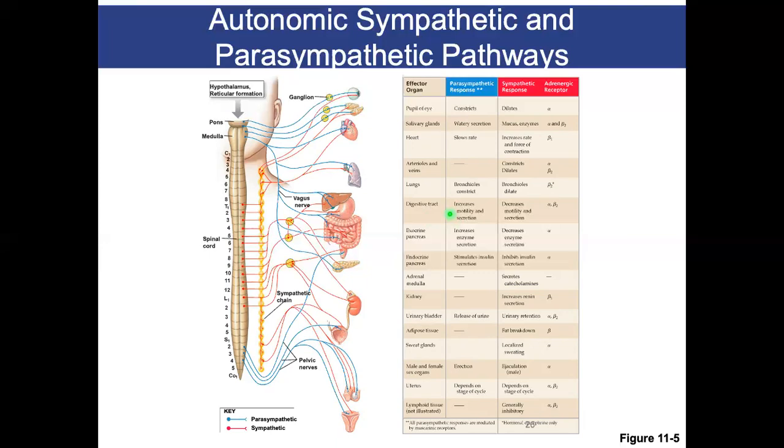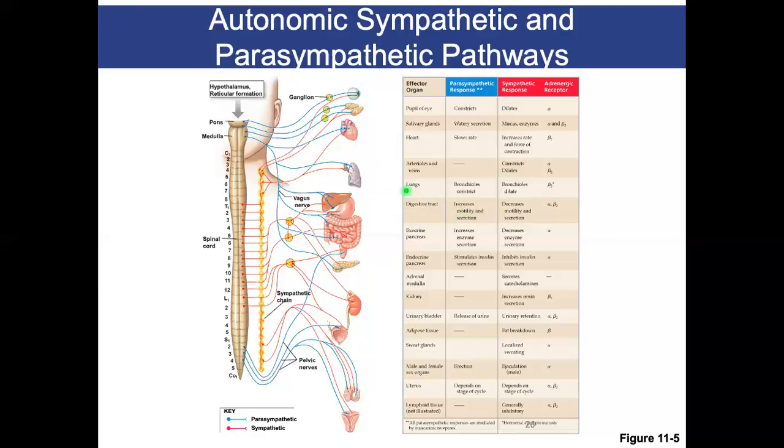Whereas if you are in your fight or flight mode, you're triggering your sympathetic nervous system, it's going to decrease motility and secretions of your digestive tract because you don't want to be digesting that Big Mac while you're fleeing for your life, right? And then it covers the receptor types. Once we get to the end of the PowerPoint, I'm going to go over heart and digestive tract again. Those are the two that I want you to know for this exam.